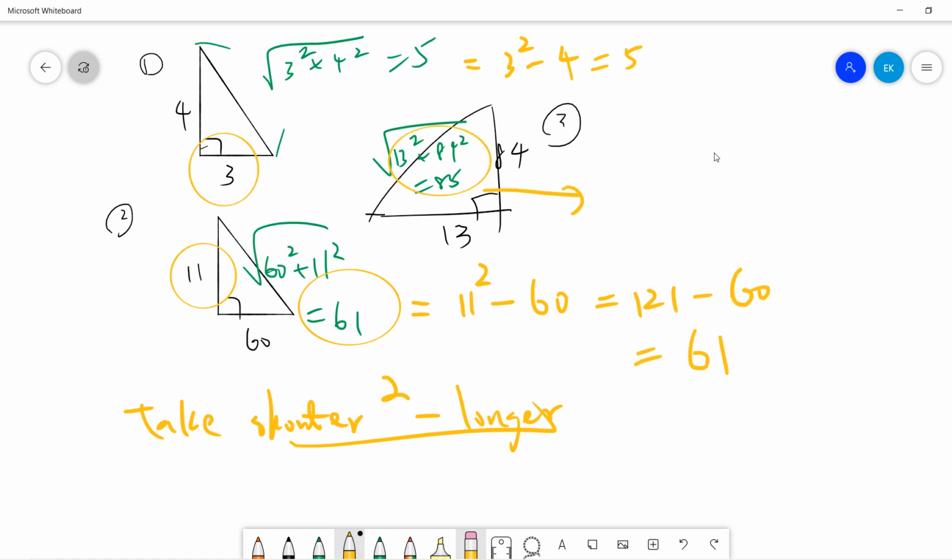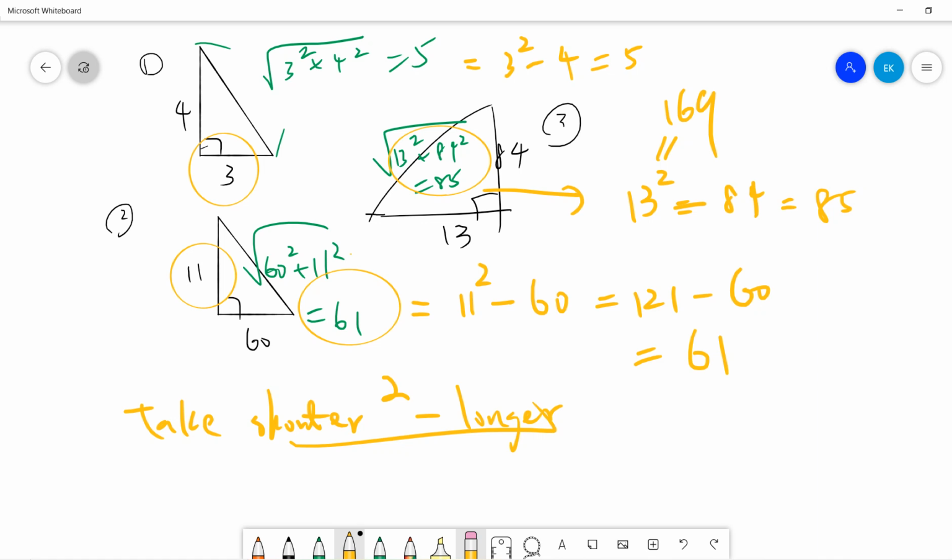And for the third, 13 squared minus 84, which is 169 minus 84, so it should be 85. So it's amazing that the author claimed this should work for all three of them.